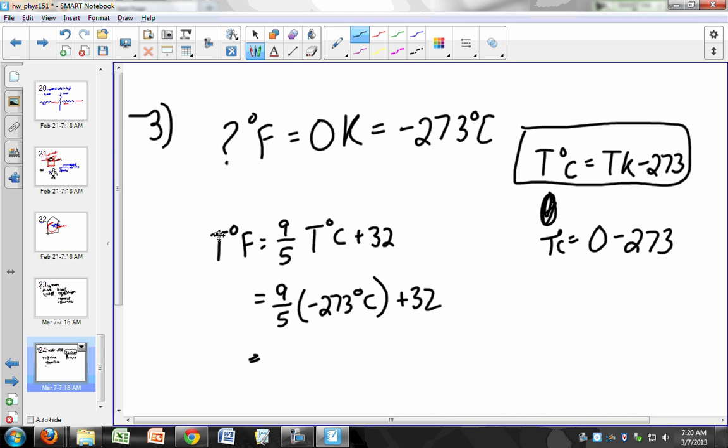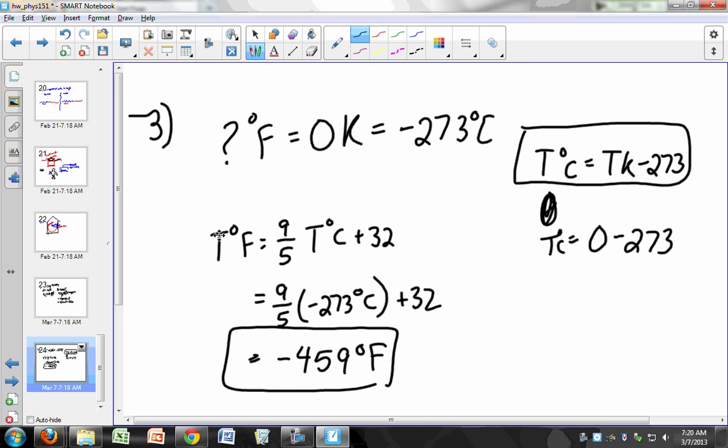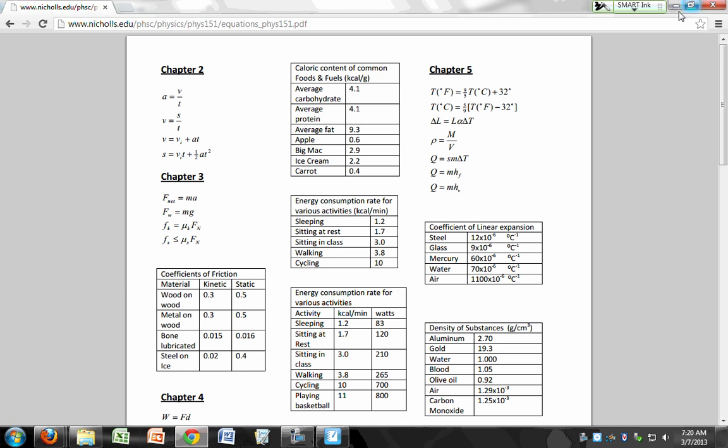I get minus 459 degrees Fahrenheit. And again, I will include that conversion: T in degrees Celsius equals T in Kelvin minus 273. I'll include that on your equation sheet.